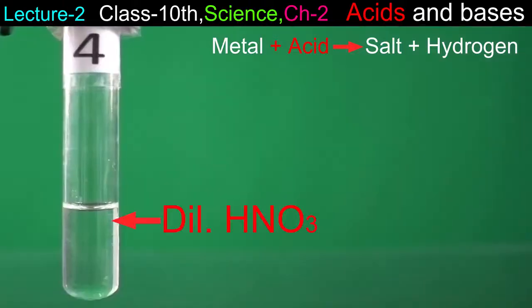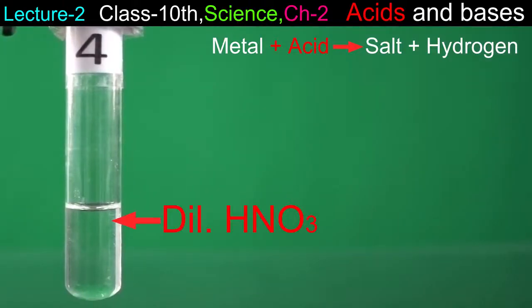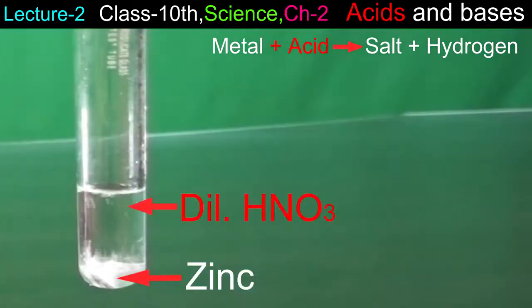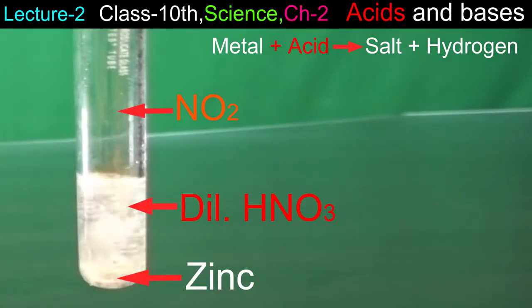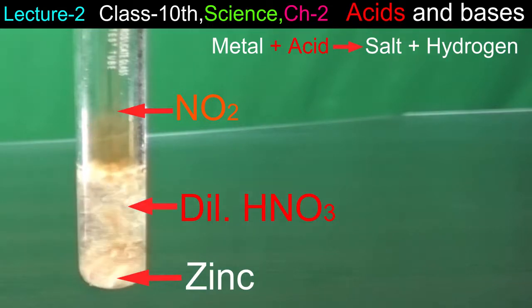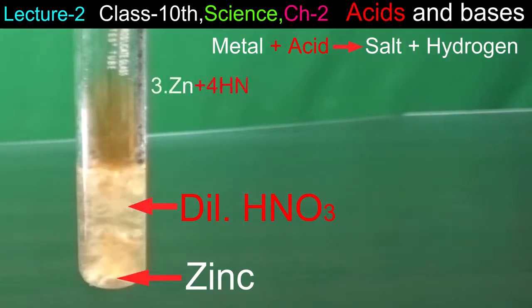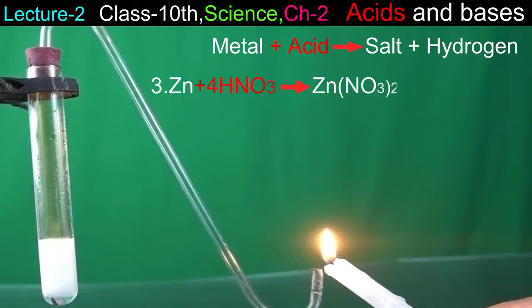I replace the test tube with the next test tube containing dilute HNO3. You can see that brown gas is being evolved, and on bringing candle near to it, it does not burn. This is NO2.